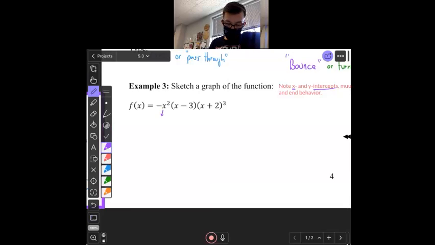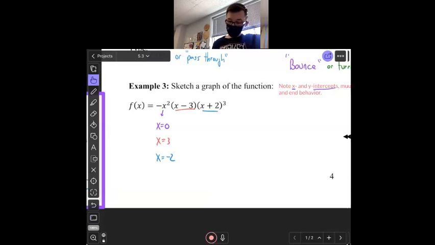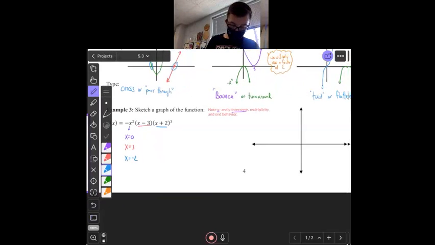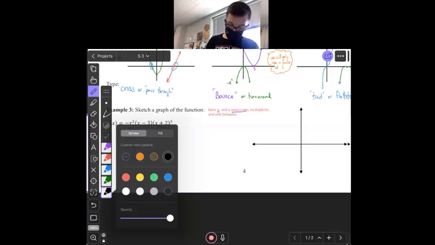That's just x equals 0, x equals 3, and x equals -2. So those are our x-intercepts. You go to your graphs, you've got 4 graphs, and you can get rid of any ones that don't have these 3 x-intercepts.